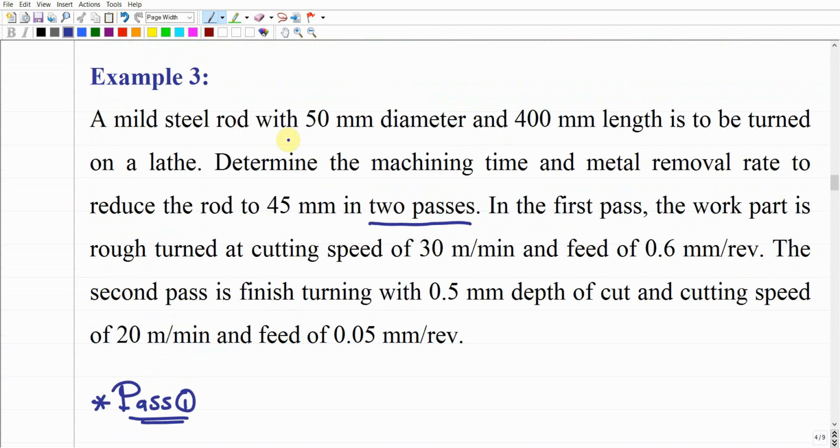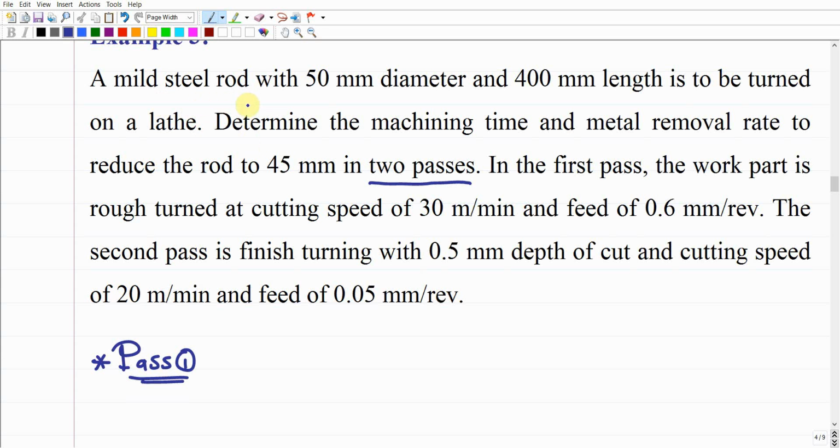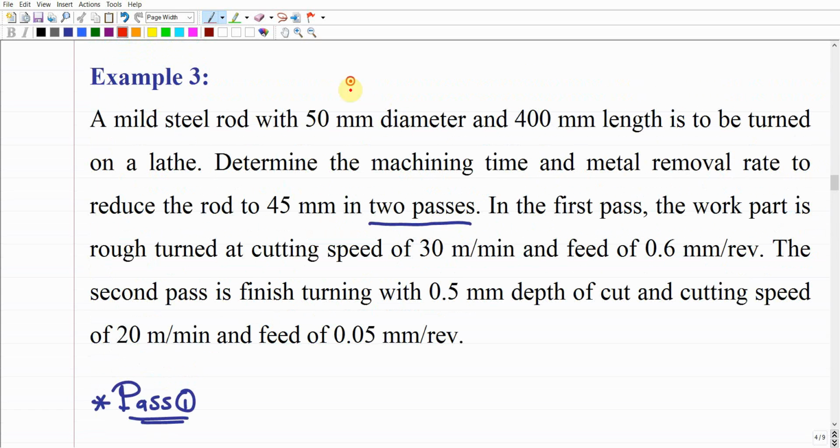So let us read the problem here. A mild steel rod with 50 millimeter diameter. This should be the original diameter D0, 50 millimeter, and 400 millimeter length, which should be the length of the work part, is to be turned on a lathe. Nothing new.